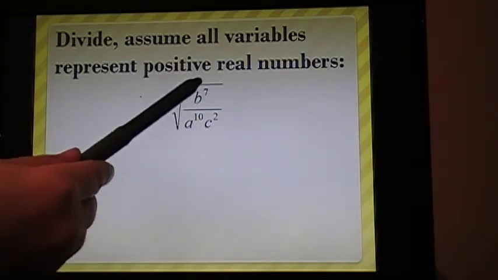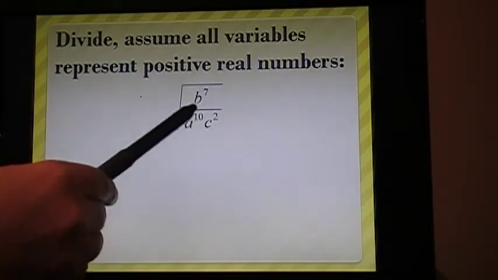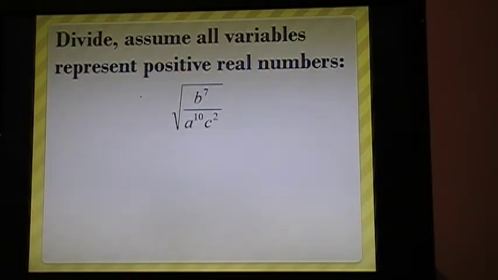I've got b's in the top but no b's in the bottom, so I can't do any reduction. Same thing goes for my a's and my c's. So there's no benefit to having this as a single fraction. I'm going to rewrite this as the division of 2: the square root of b to the 7th over the square root of a to the 10th c squared.